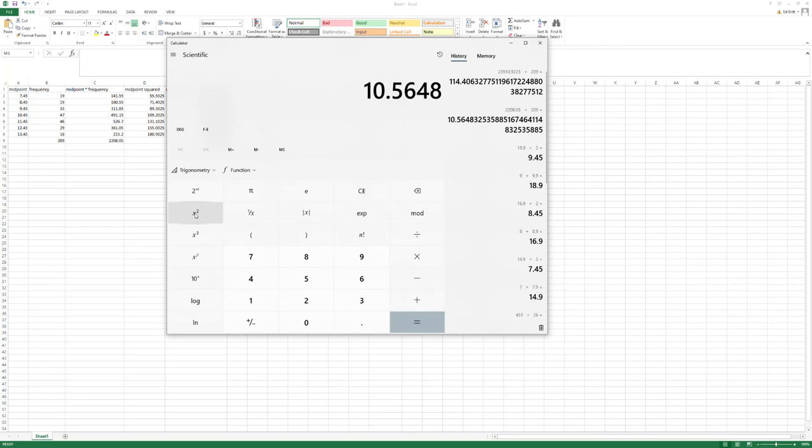If you don't have the square button up there, you can usually hit second, but it should be there if your calculator's in scientific mode or whatever calculator you're using. So I'm going to square that, and I'm going to write this down to 4 decimal places in Excel. See, so 111.6149.